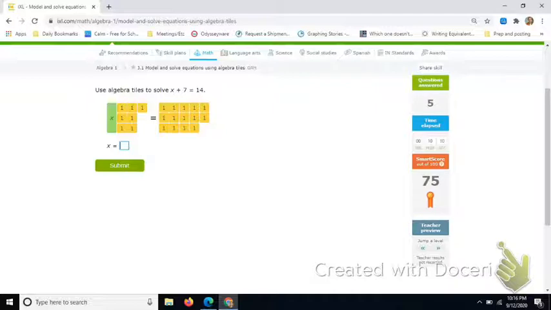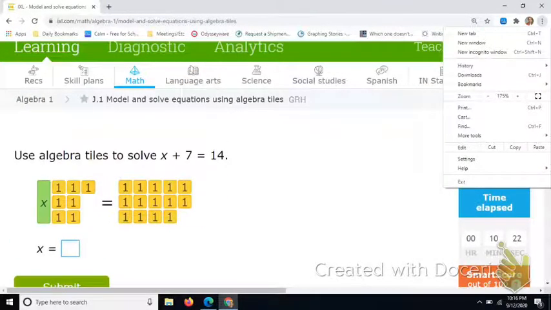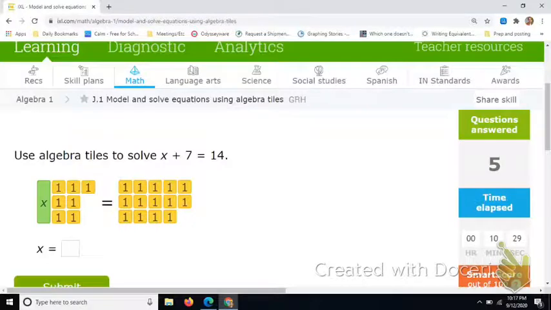So let me make this a little bit bigger because it's a little small there. Some of you might be saying, it's about time you did that. So here's a 1. Let's see, there's 1. Oops, turn my pencil on. There's 1, 1, 1, 1, 1, 1, 1, 1, 1, 1, 1, 1.